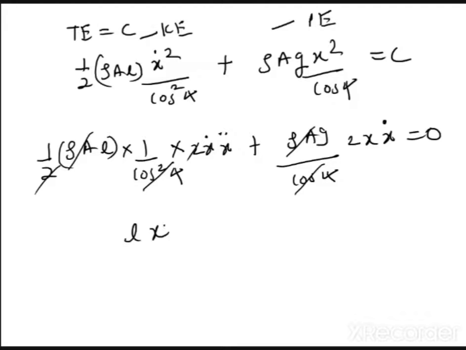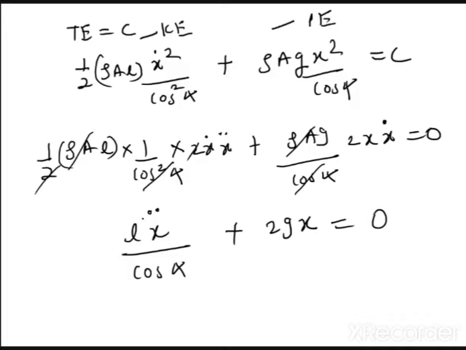So here you will get L x double dot upon cos alpha, let me correct that, L x double dot upon cos alpha plus 2gx is equal to 0. Is it clear what you are getting finally?